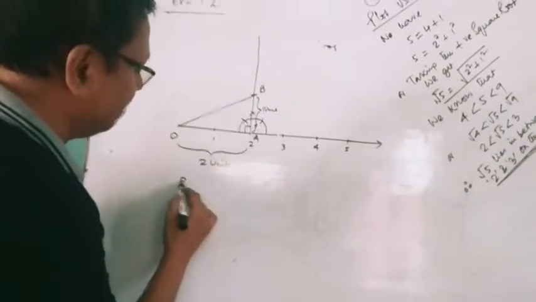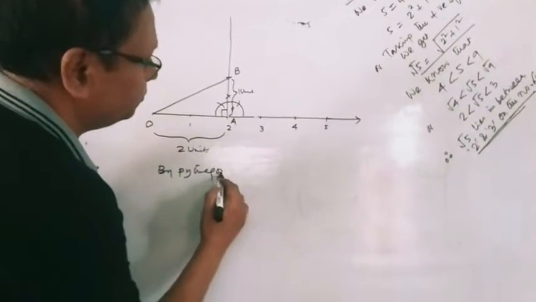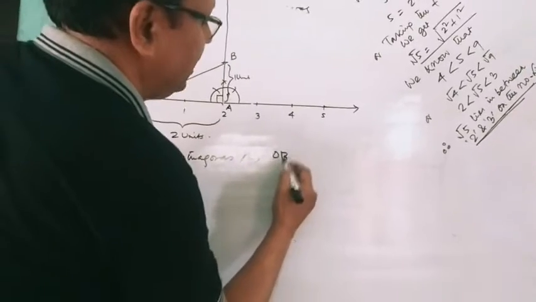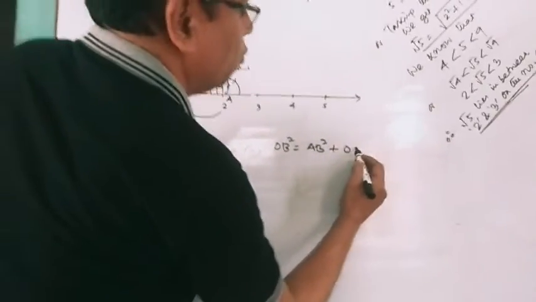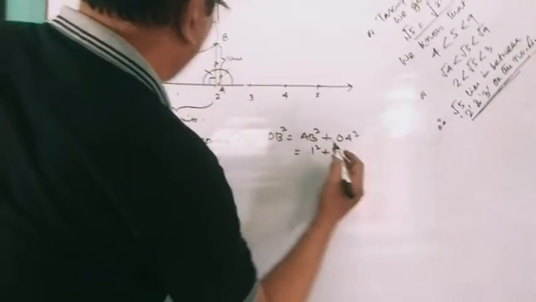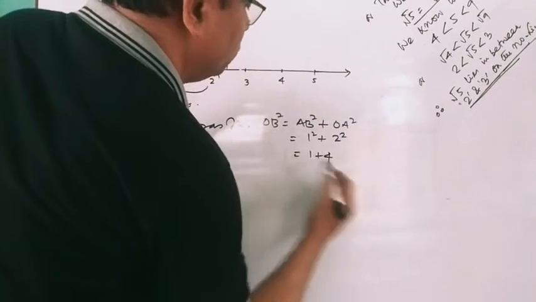Therefore, by Pythagoras theorem, OB square is equal to AB square plus OA square. AB square is 1 square, OA square is 2 square, that is 1 plus 4.